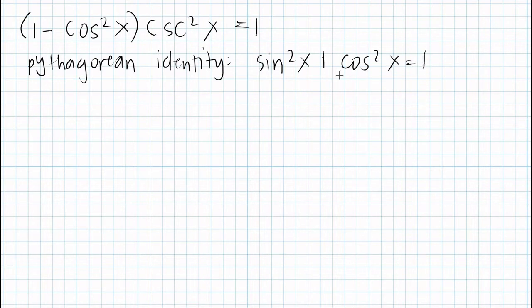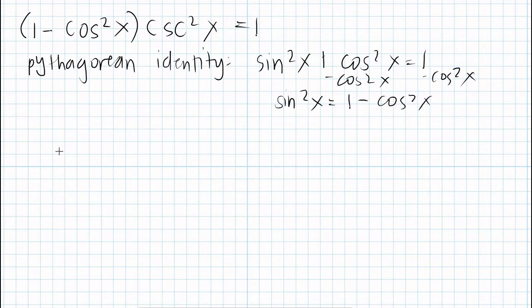So that means if we subtract cosine squared x from both sides of the equation, we will get sine squared x equal to 1 minus cosine squared x. So we can replace that in our equation.